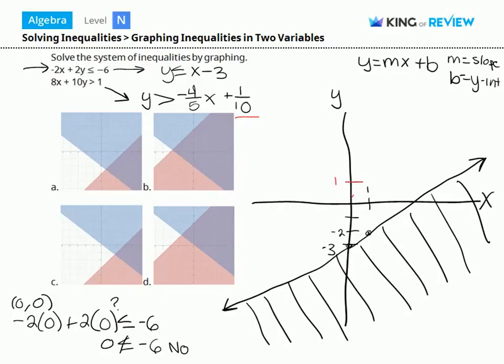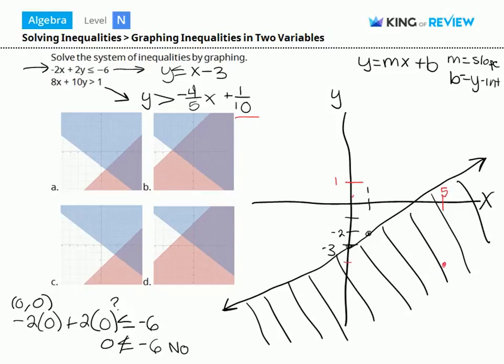And then we have a negative slope. Our slope is negative 4/5. So that means we'll go down 4 and over 5. So when we do that, our next point will be somewhere around here. And this is 5 here.